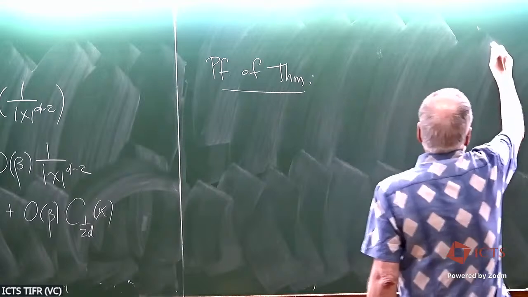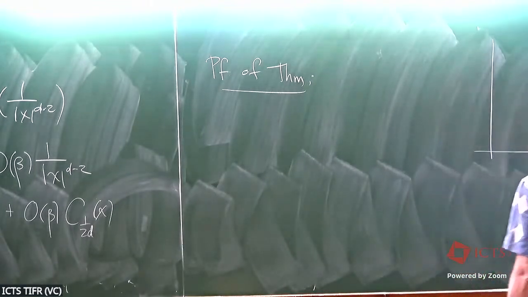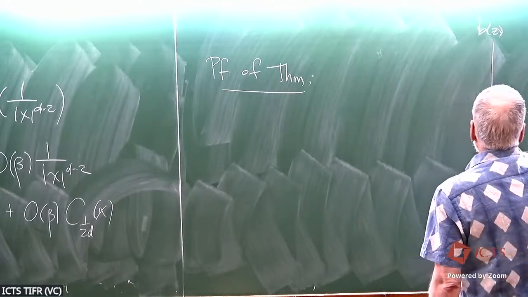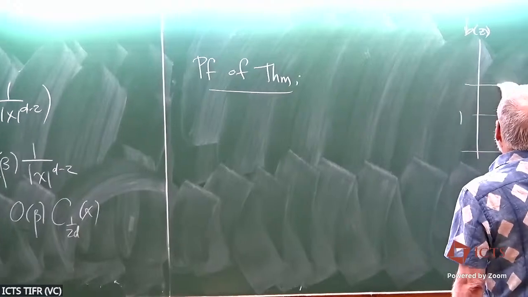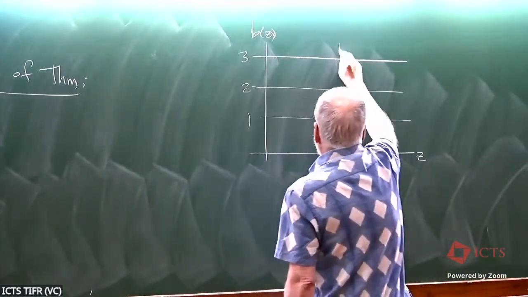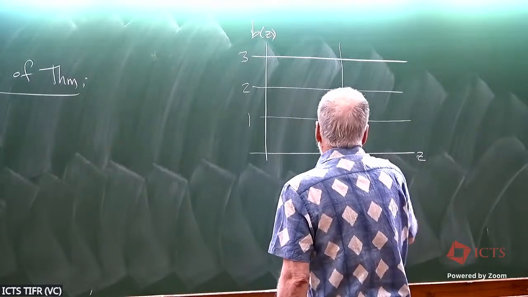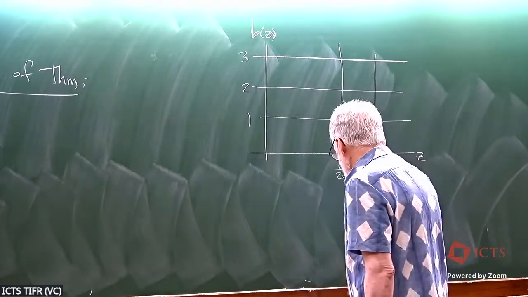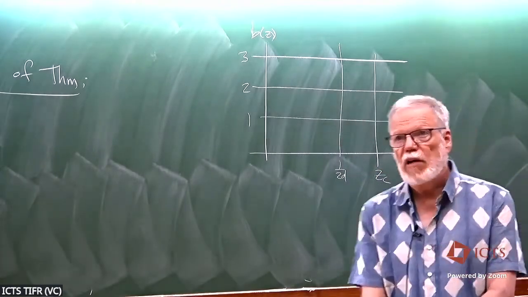So the proof is by picture, really. So here's the z-axis. Here's B(z). Here's 1, 2, 3, 1 over 2d, z_c. So I want to draw the graph of B.